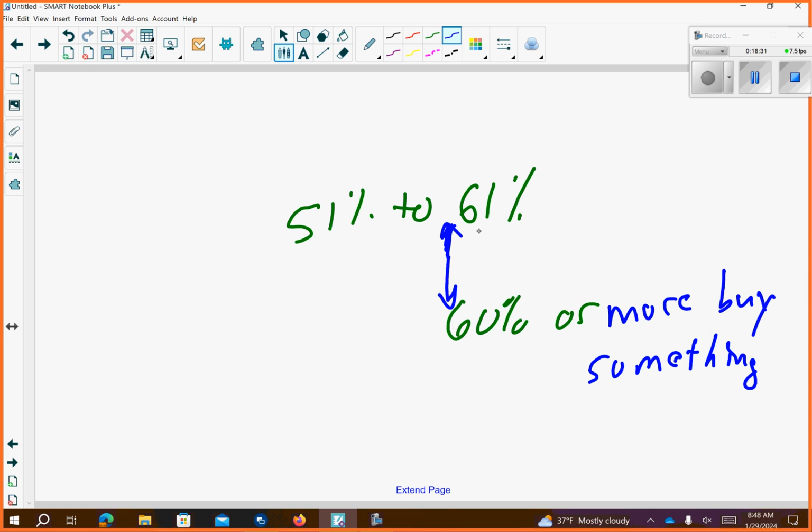We don't have the evidence to say that. I mean, the 60% is within this parameter, but they're saying 60% or more, we don't have the evidence to support that. Okay, it's because it's within the parameter.